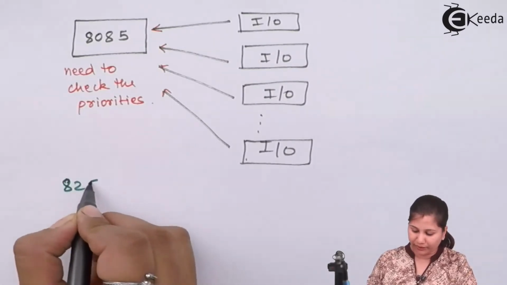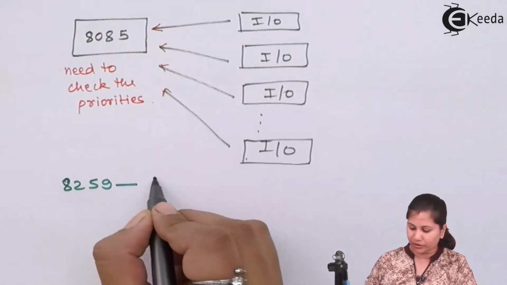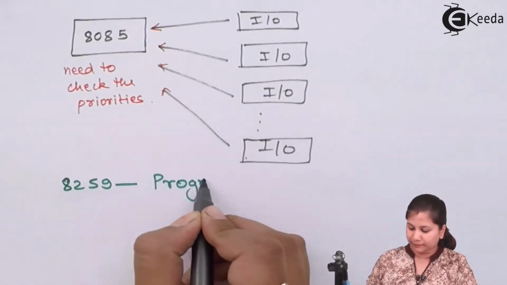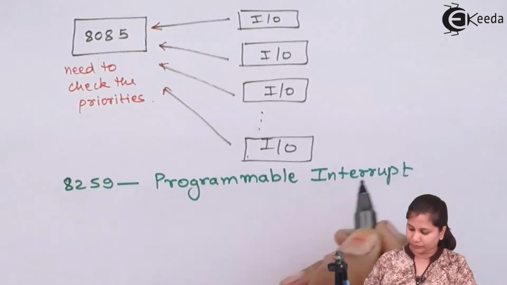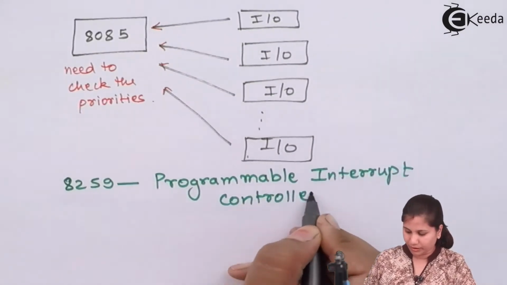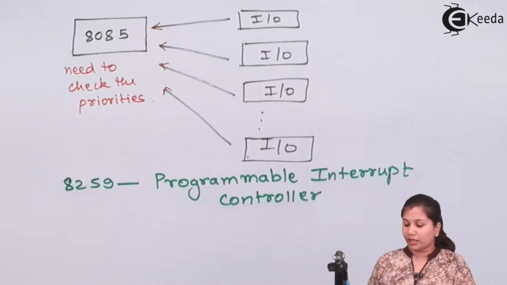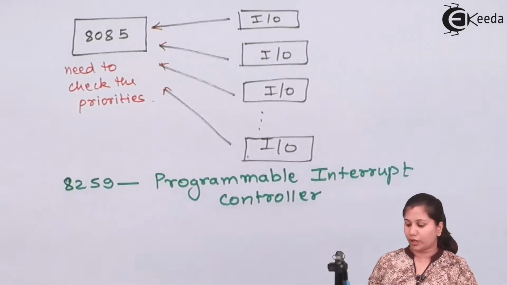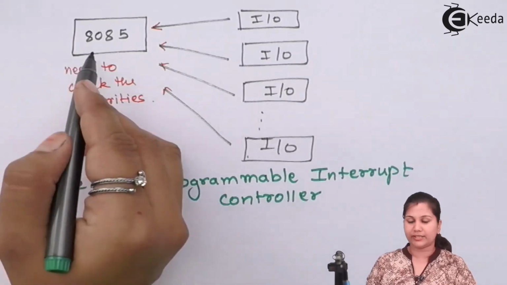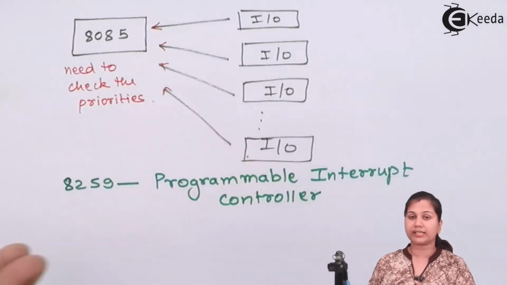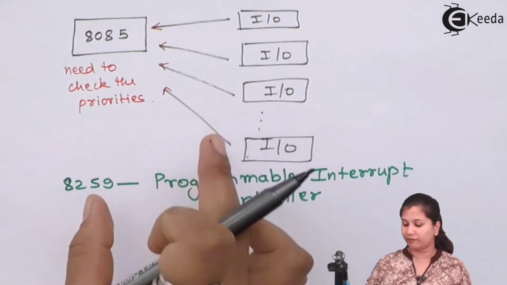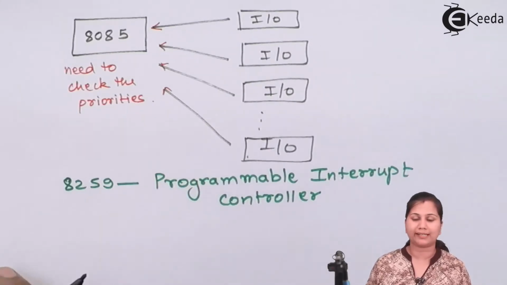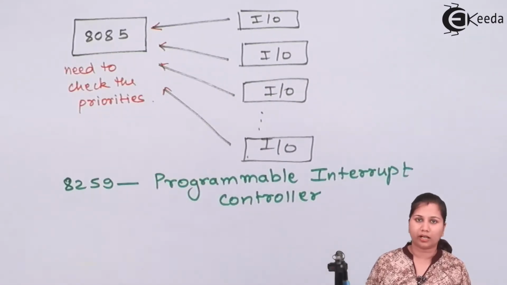This 8259, which is known as the Programmable Interrupt Controller, controls all the interrupt operations of the 8085 microprocessor when it is communicating with multiple interrupt systems, like where it is having multiple interrupts. Then we can use this 8259 IC, this programmable interrupt controller.